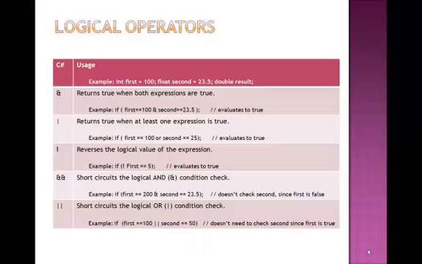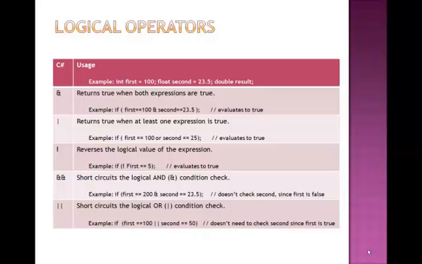The OR operation, which is essentially a pipe, evaluates to false only if both expressions are false. The NOT operator essentially negates or reverses the Boolean value of an expression.